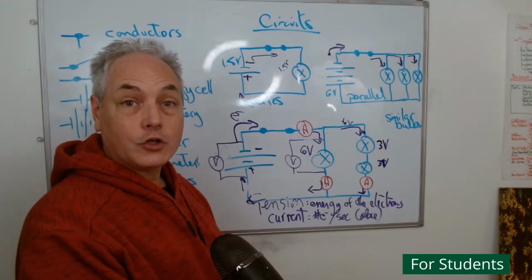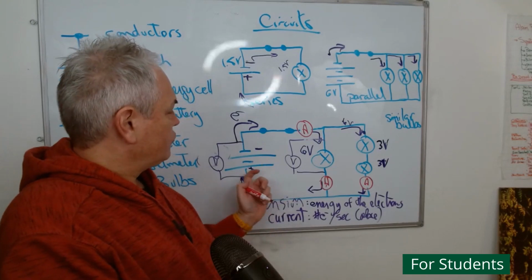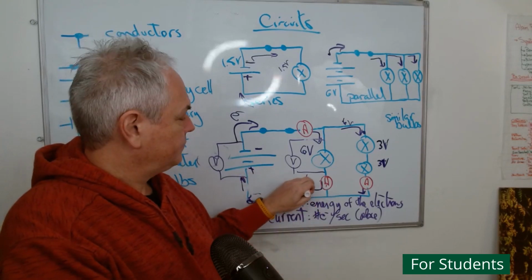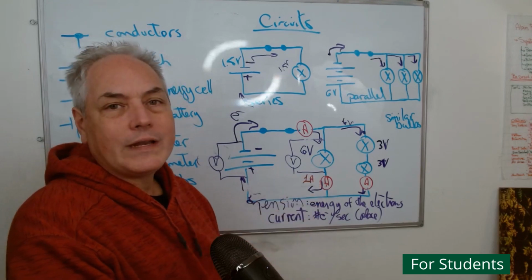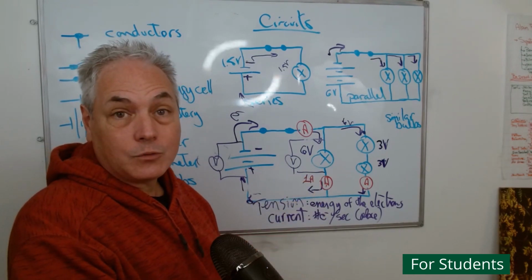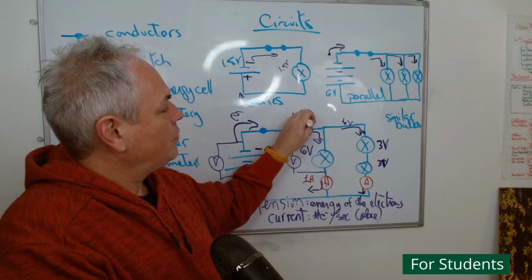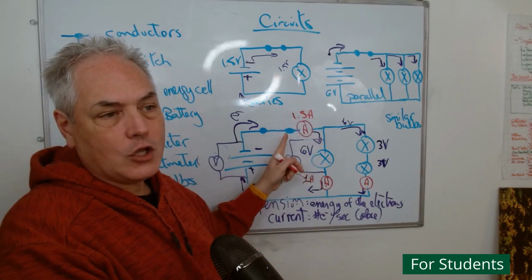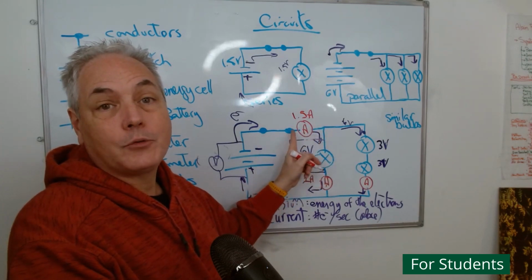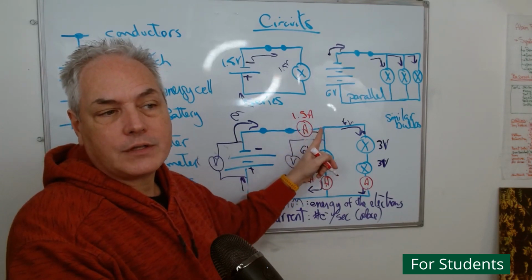Good. So how do we look at numbers here? So here I'm going to say that there is 1 amp going through this circuit right here. And what I will say is that I have 1.5 amp going through this ammeter right here. So here we have the total number of electrons going through this way.